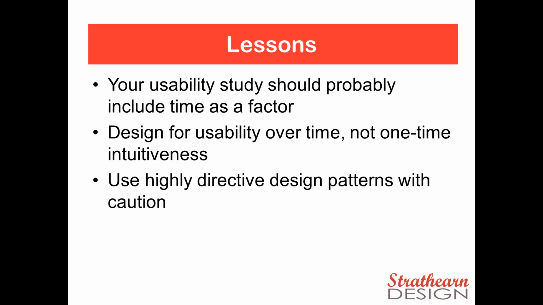So the wizard is just one example of something highly directive. In general, we tend to want to put wording in the UI to explain how to do something, or we have multiple buttons. A common heuristic is to provide multiple exits. But the more things you put in to make something more intuitive and obvious, the more cluttered the screen gets, and the more that decreases the design over time.